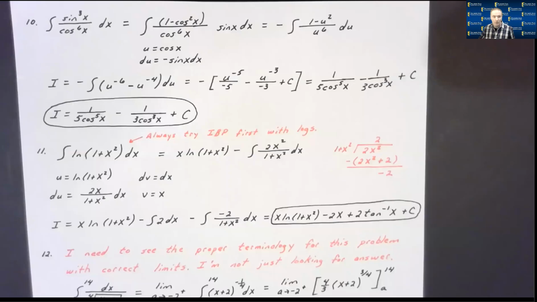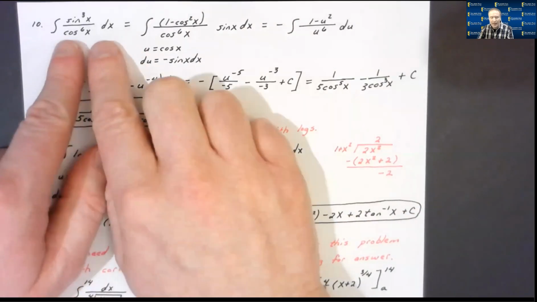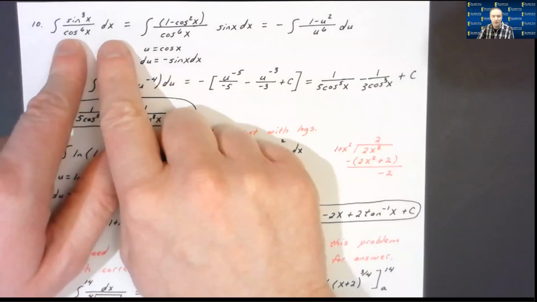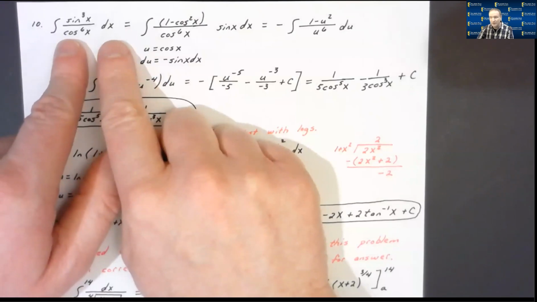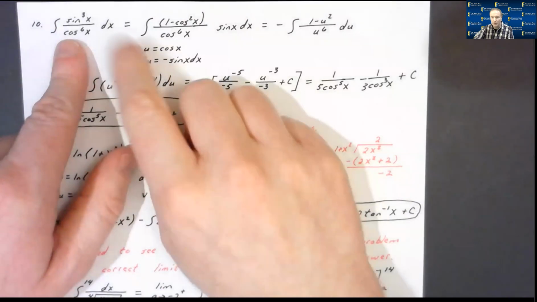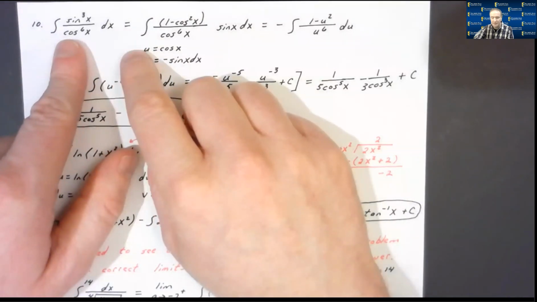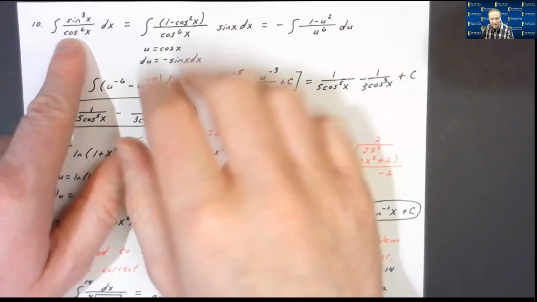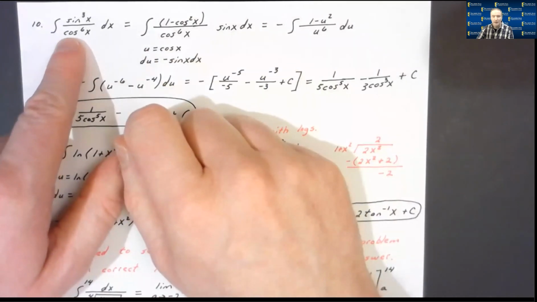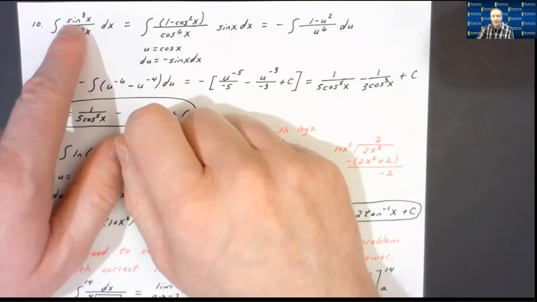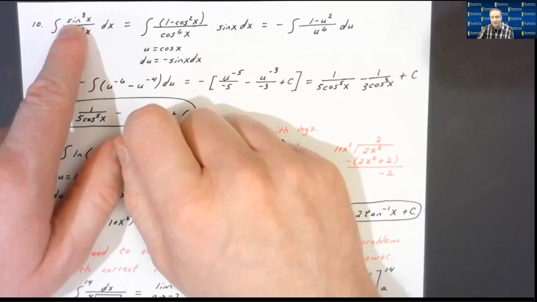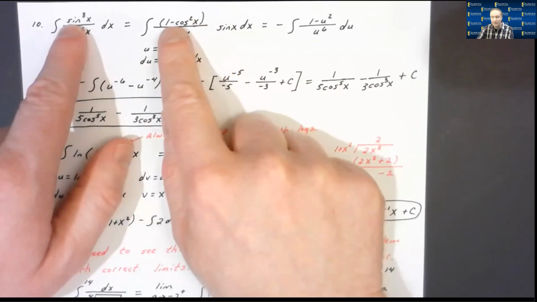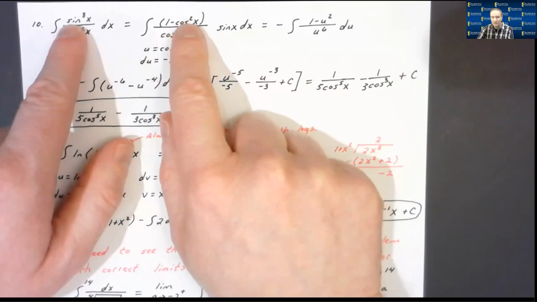So what I did for this number 10, we had the integral of sine cubed over cosine to the sixth. Even as early as our top problems where we had odd powers of sine and cosine, even though this isn't just a trig identity problem, a trig identity does help, because I know that sine cubed theta could be written as sine squared theta times sine theta, and sine squared theta could be rewritten as 1 minus cosine squared.